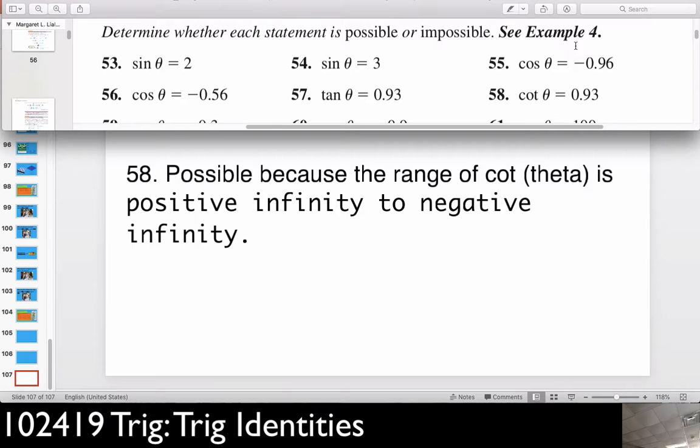It's not asking for that level, but yes, it is. In fact, you could give a boundary.